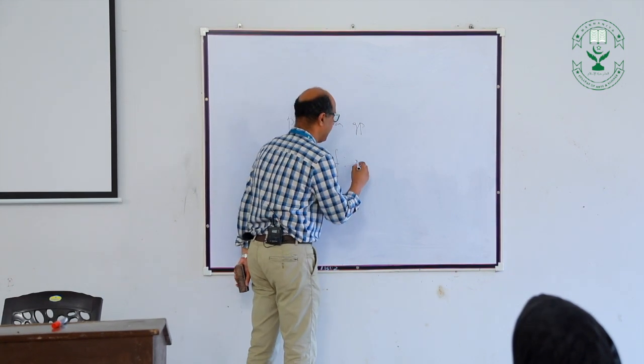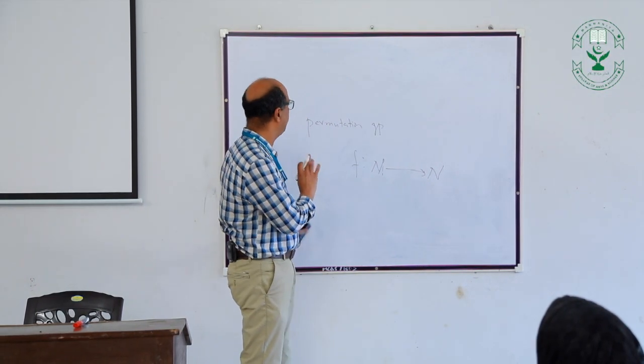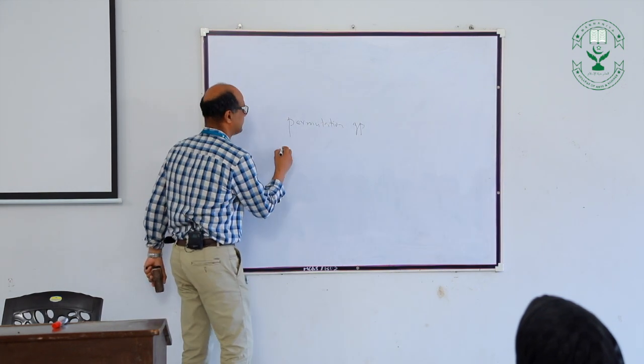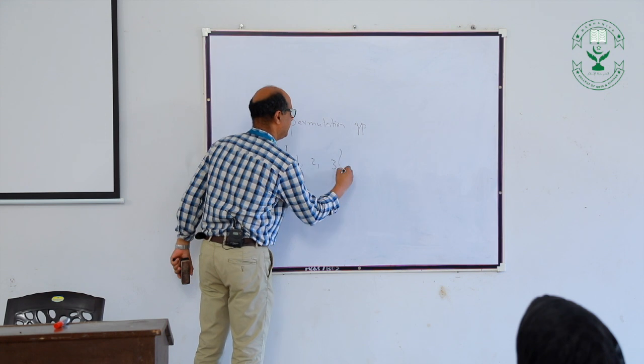Suppose n is the set of all positive integers, then a function f from n to n is called a permutation. It's simply a function. Normally we take for the elements of n, suppose I take the set 1, 2, 3.